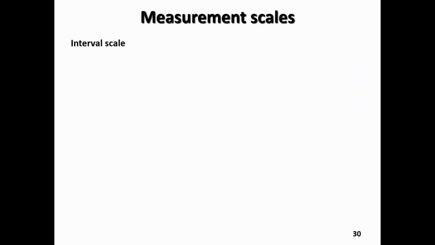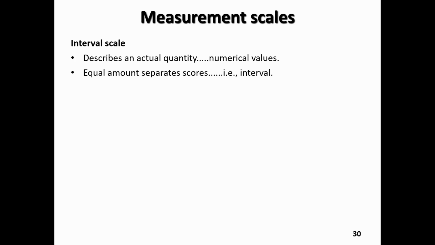Moving up one more level is what's called the interval scale, and this is where we start to describe the amount, the quantity that exists, using our numerical values. And so on an interval scale, we assume that there is an equal amount that separates scores.